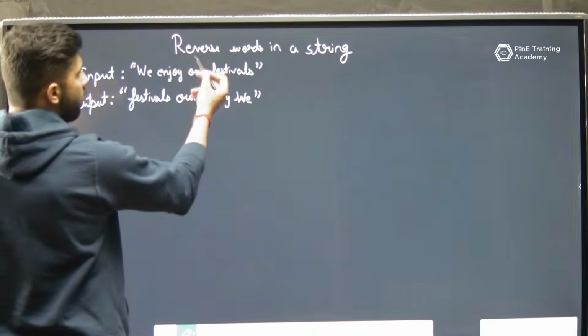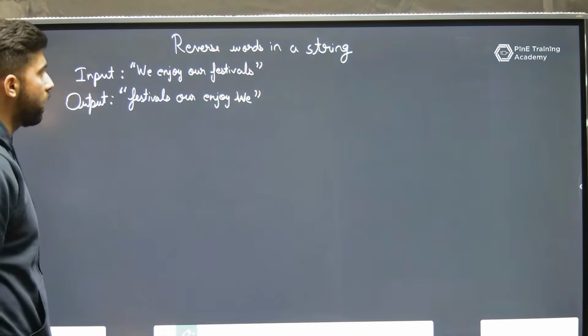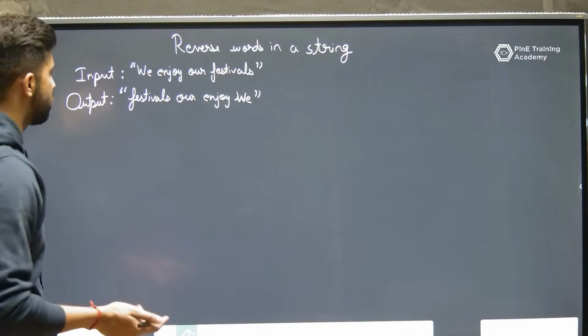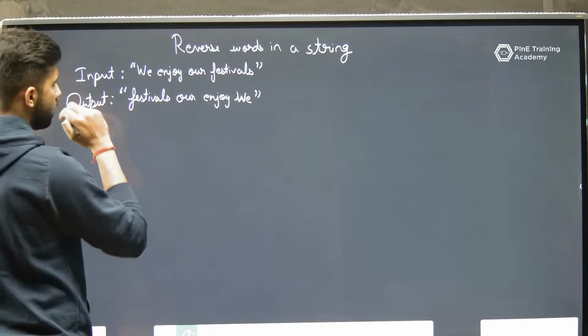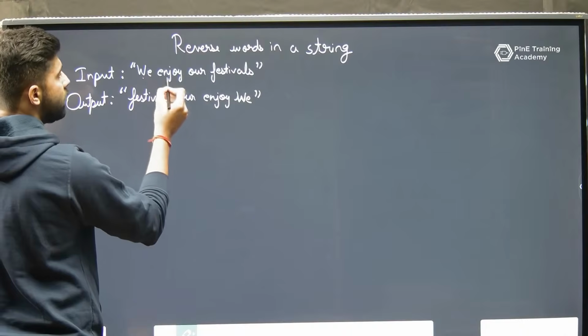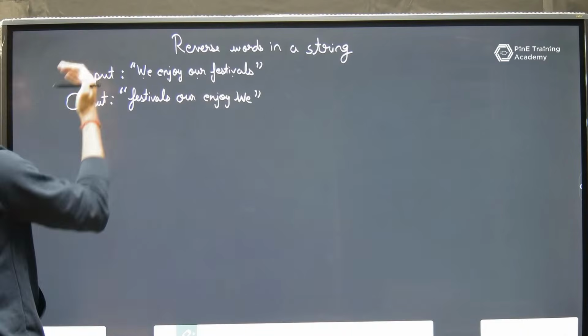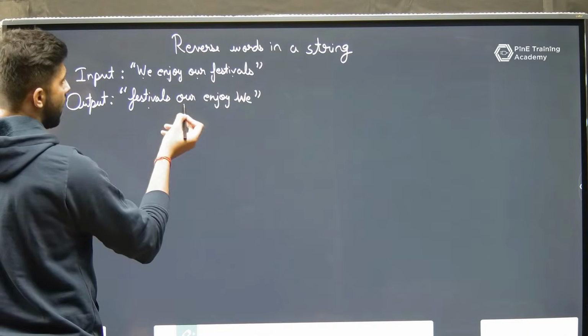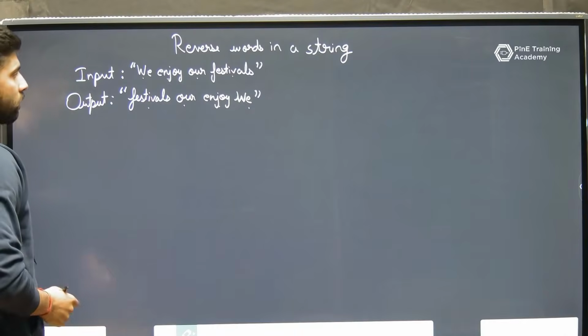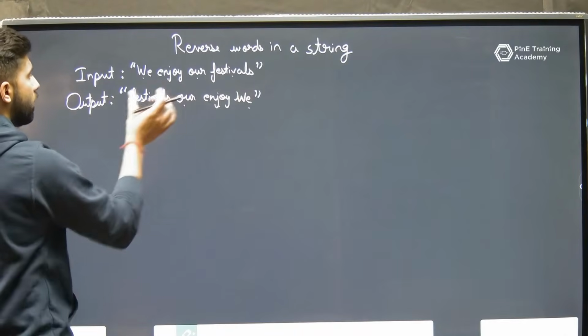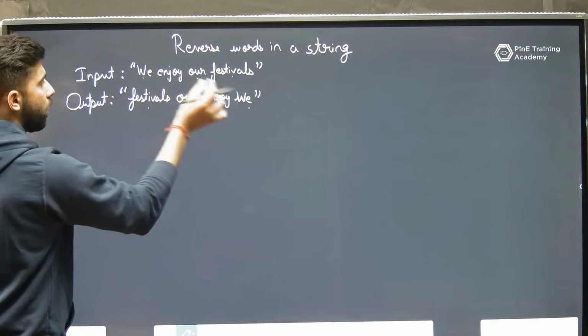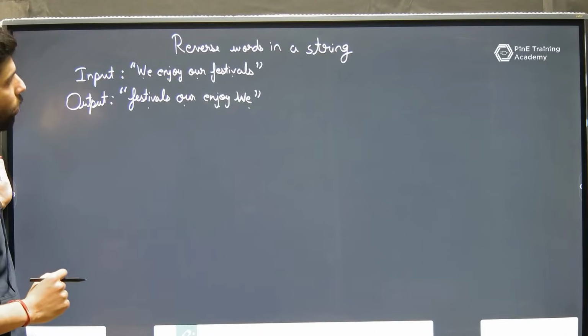So we want to reverse words in a string. Okay, we want to reverse all the words in a string. So for example, if the input is "we enjoy our festivals", we need to return the output "festivals our enjoy we". That means all the words are reversed.